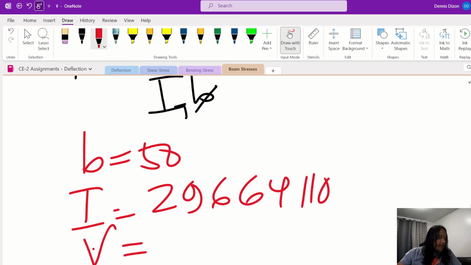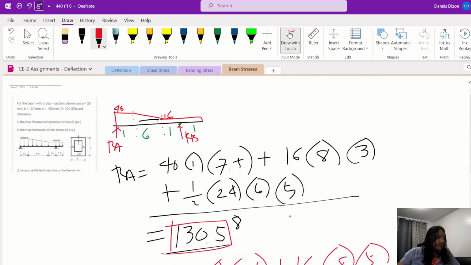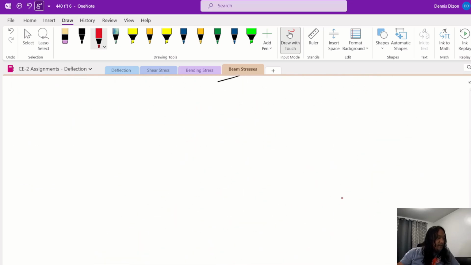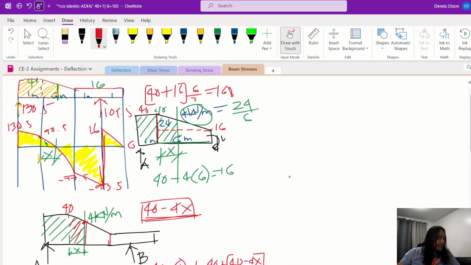And then our V, now we will look at our shear and moment diagram. Right here.